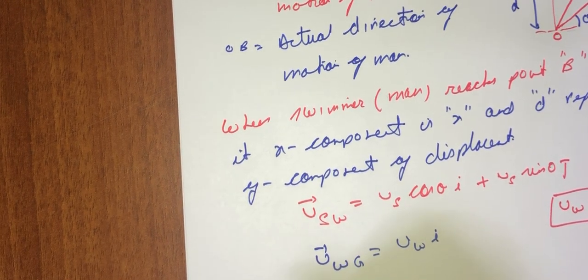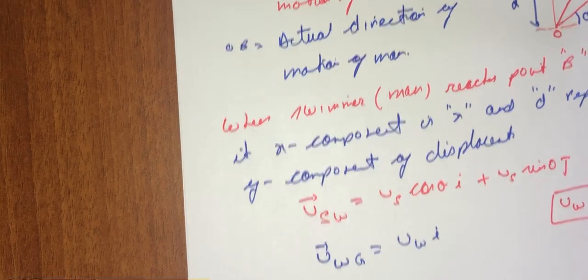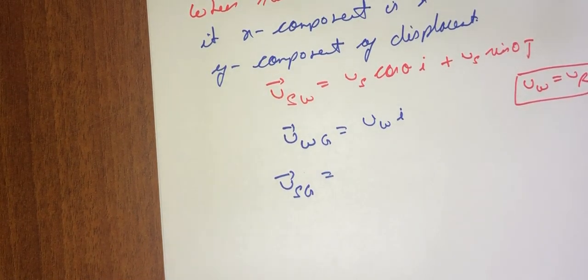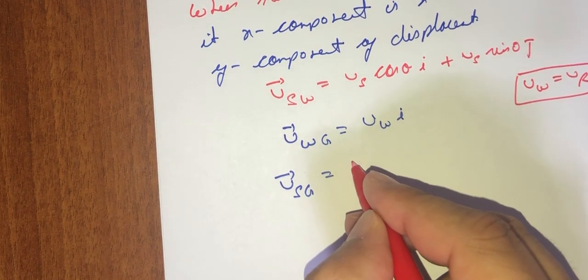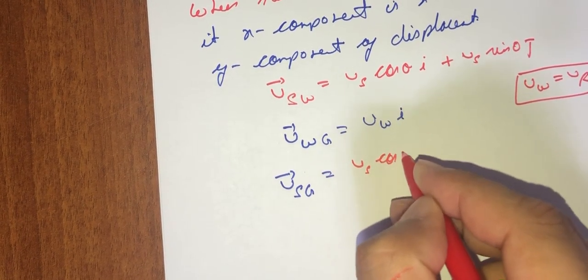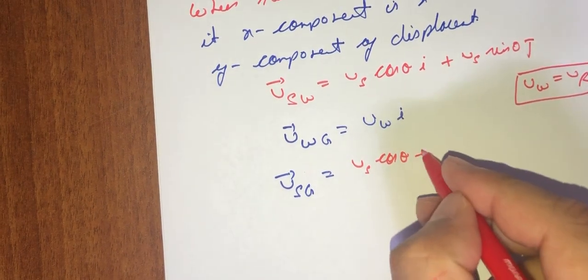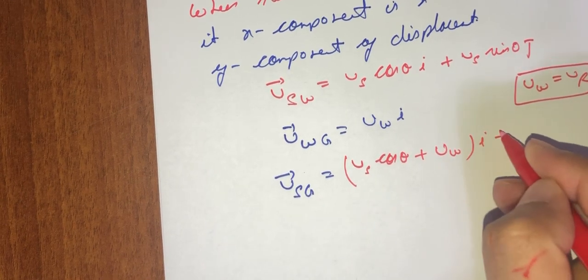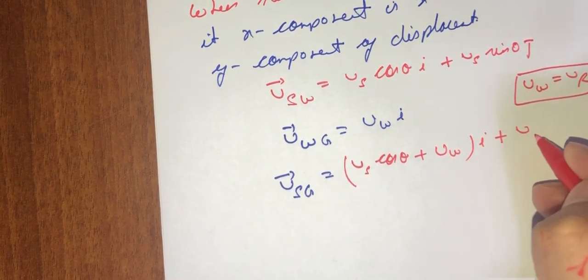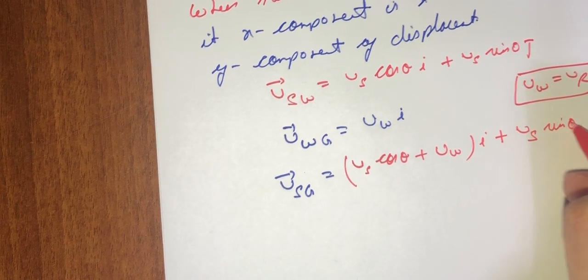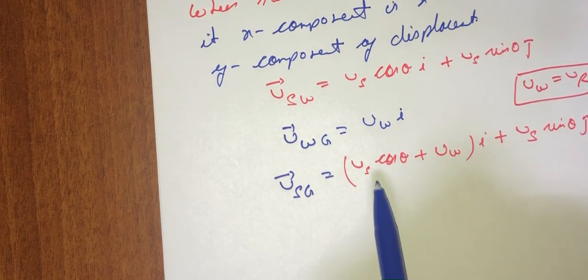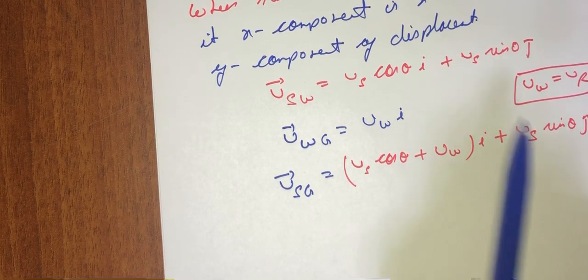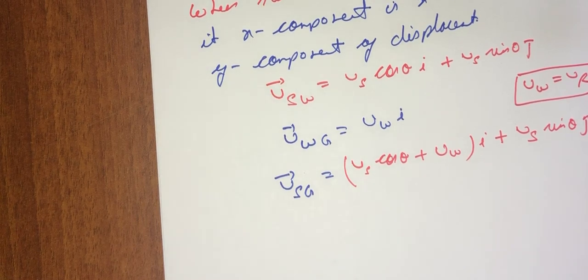Velocity of the swimmer with respect to ground will be equal to Vs cos theta plus Vw times i plus Vs sin theta times j, because velocity of the swimmer as well as velocity of the water are in the same direction.